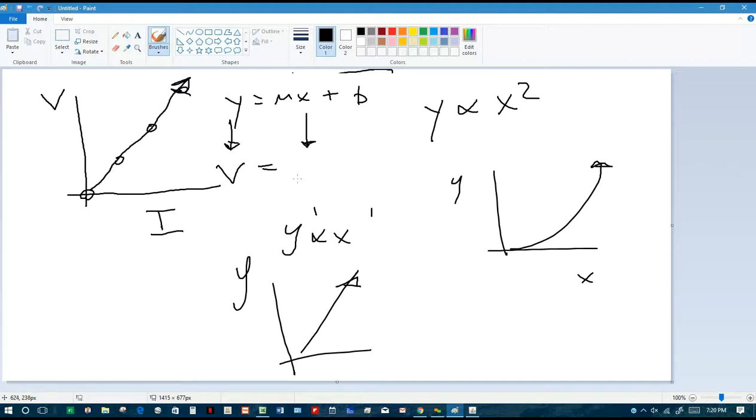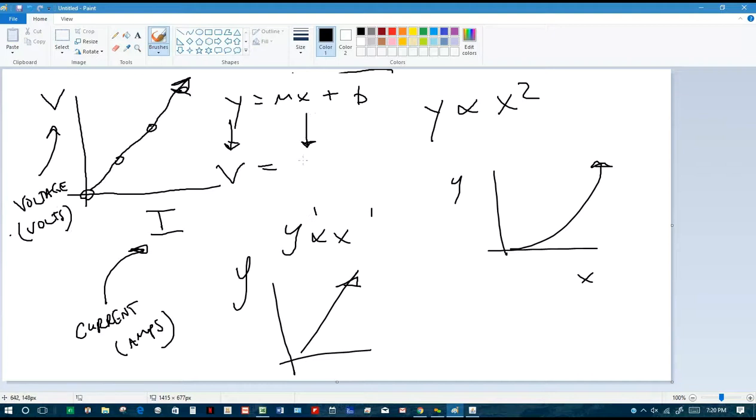Capital I stands for current, measured in amps. And V stands for voltage, measured in volts. So on our x-axis, we have current, and I'm going to put the symbol I there.